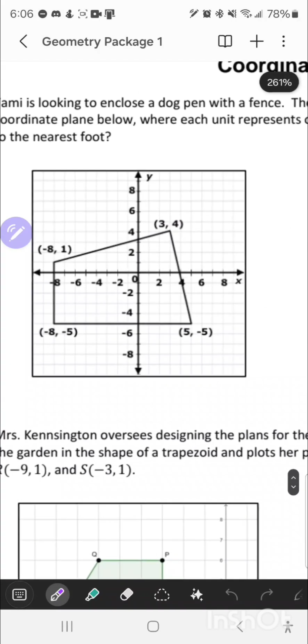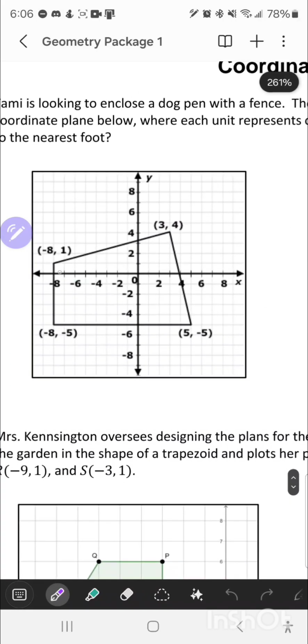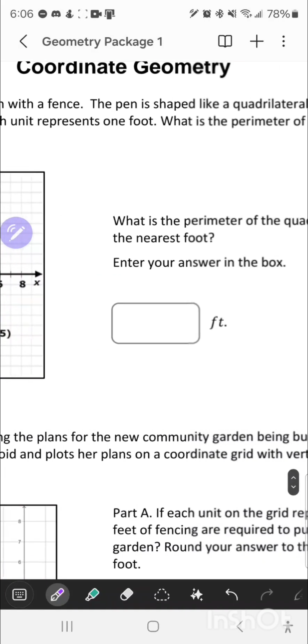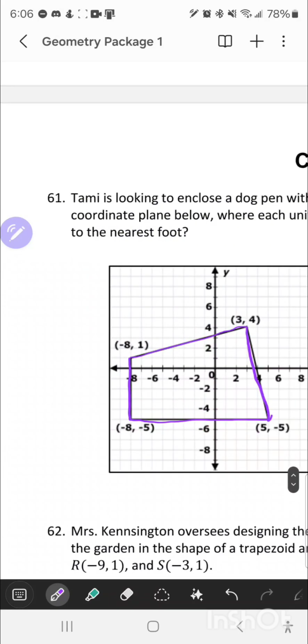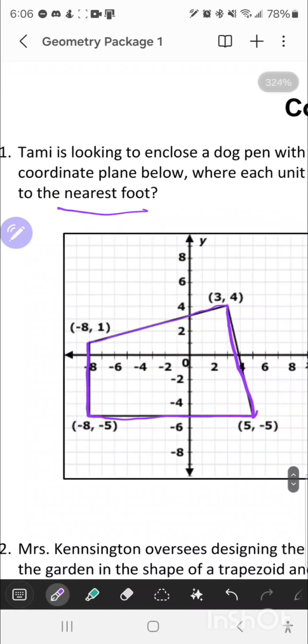So basically, this is the fence that we have right here, and what we need to do is calculate the perimeter rounded to the nearest foot. Each unit is 1 foot, so we're fine.